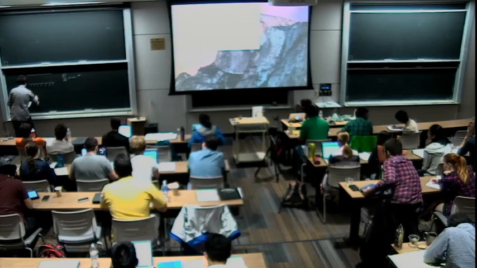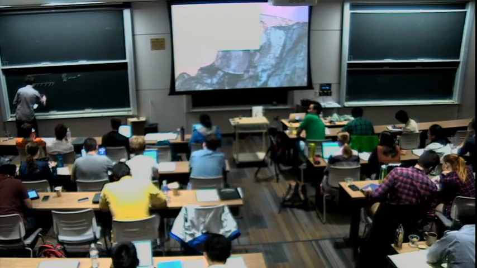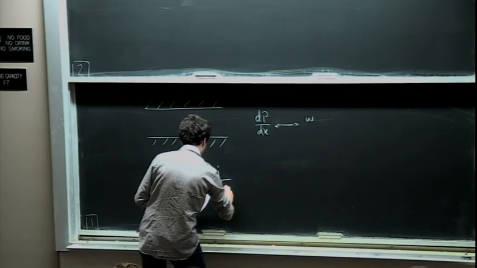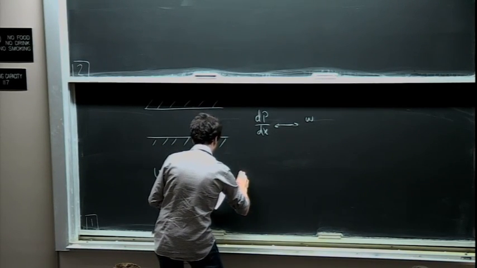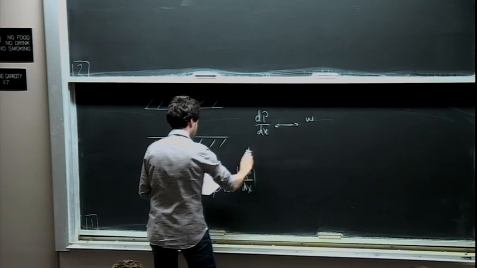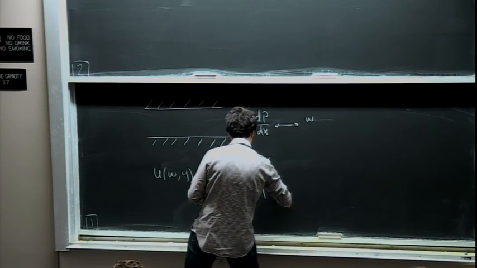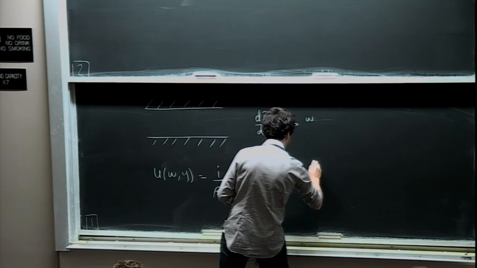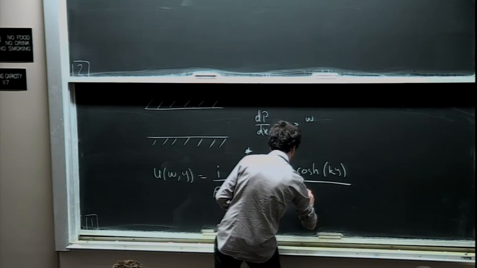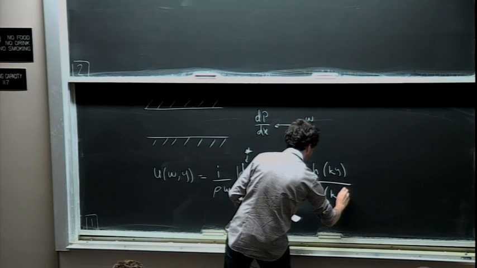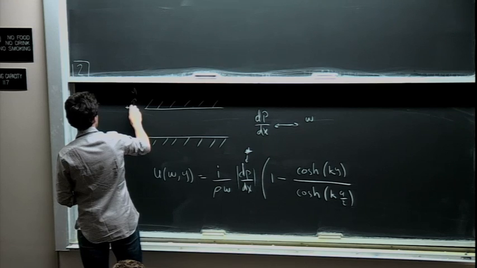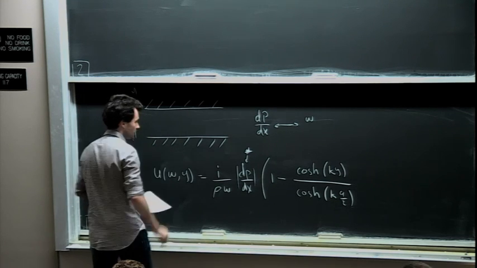We had u of omega and y given by i over rho omega dp by dx, which is just a uniform number, times 1 minus cosh of ky over cosh of ka over 2, and these boundaries were in the y direction at plus a over 2 and minus a over 2.